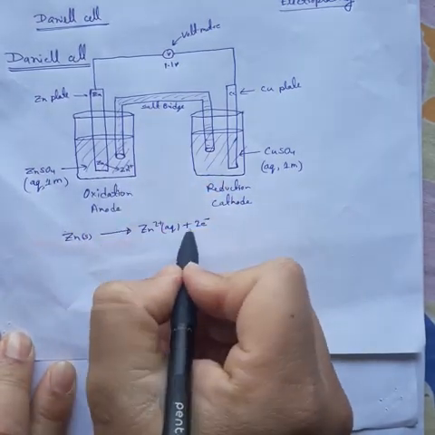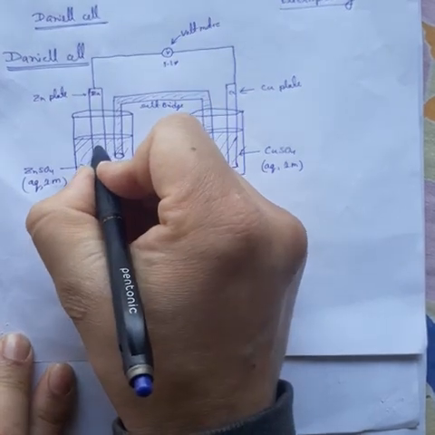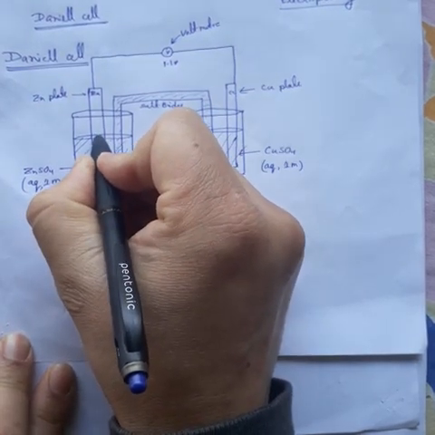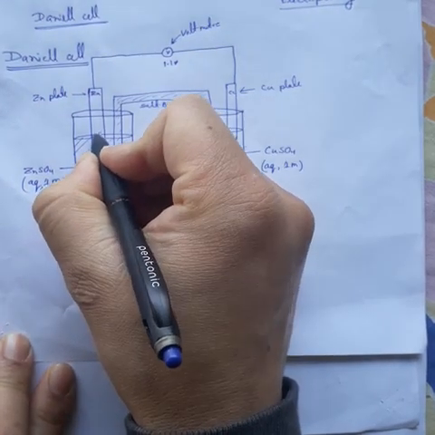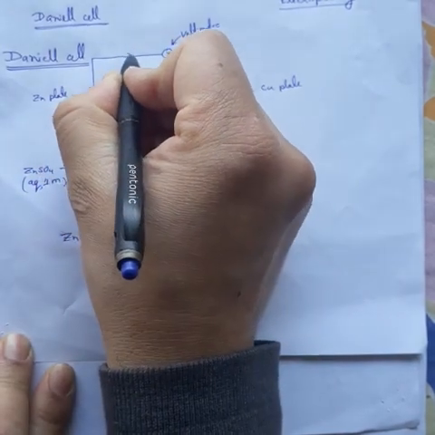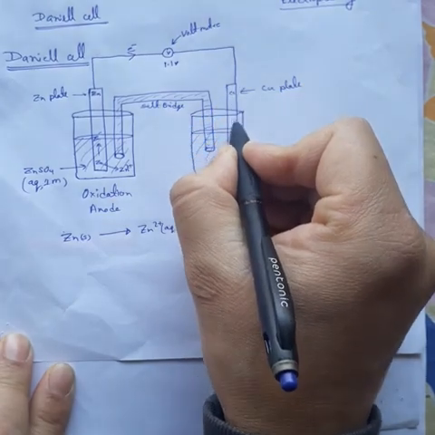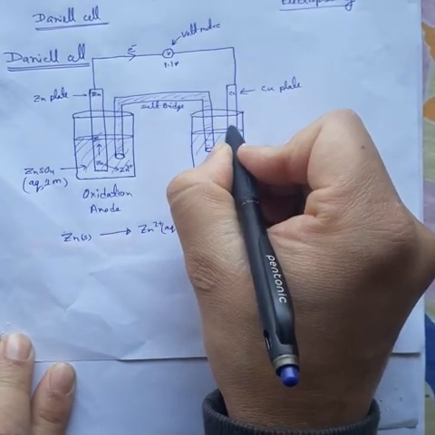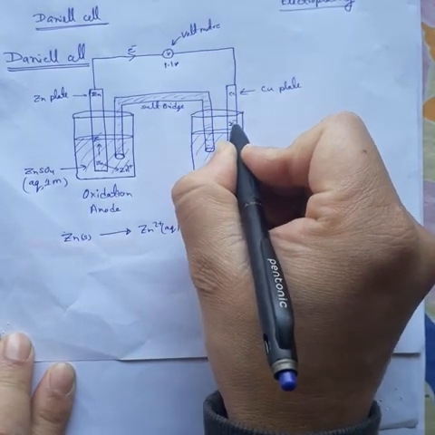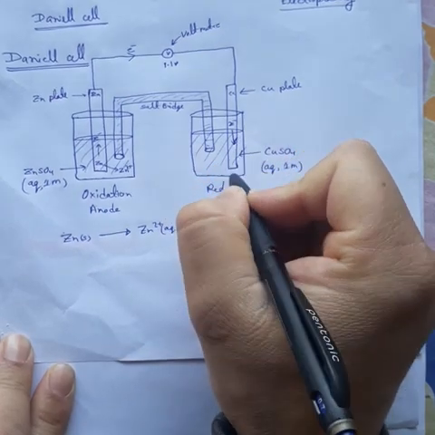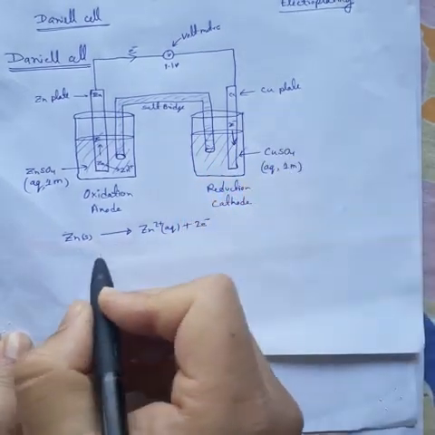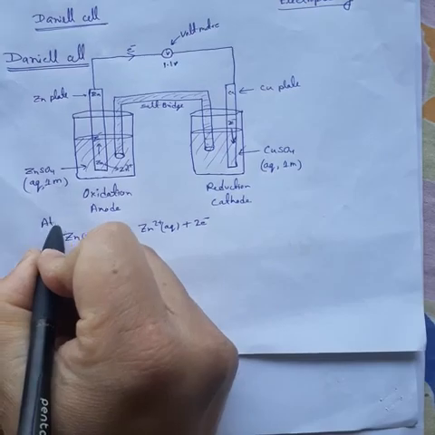During this process it releases 2 electrons, so 2 electrons remain in this plate. This is the movement of electrons: they go through the external circuit and come to the other plate. So this is at the anode.